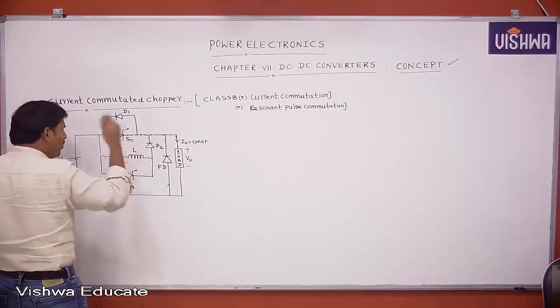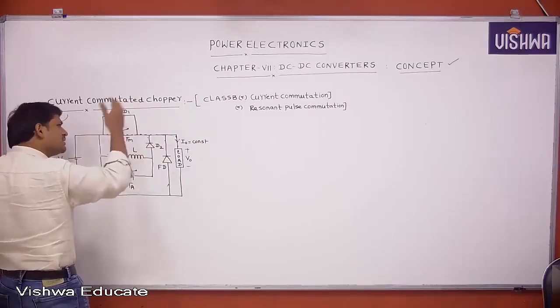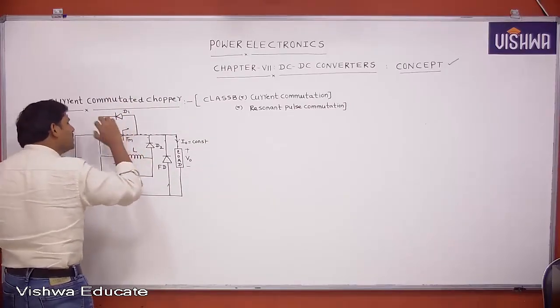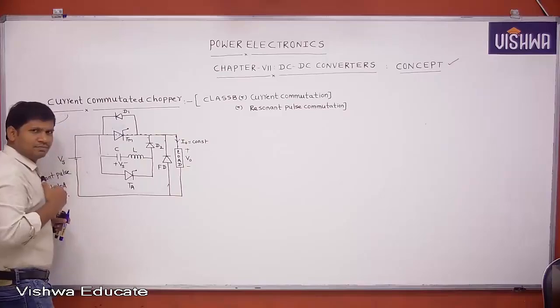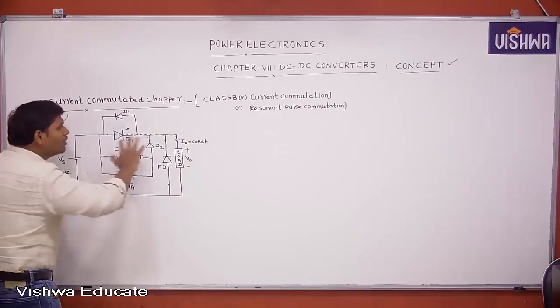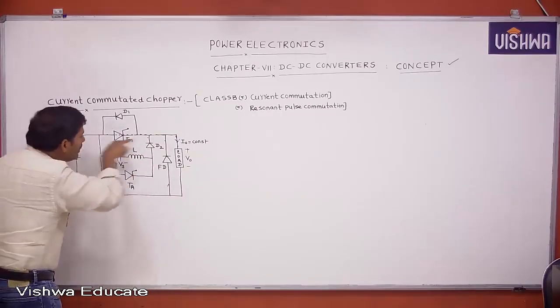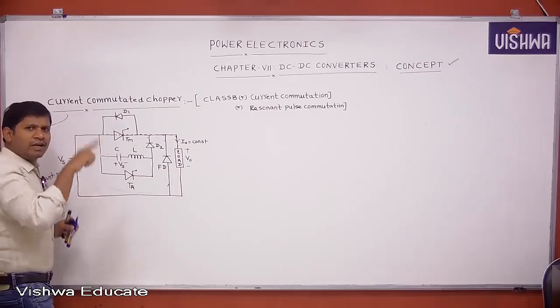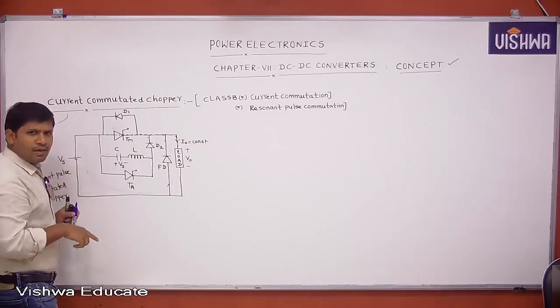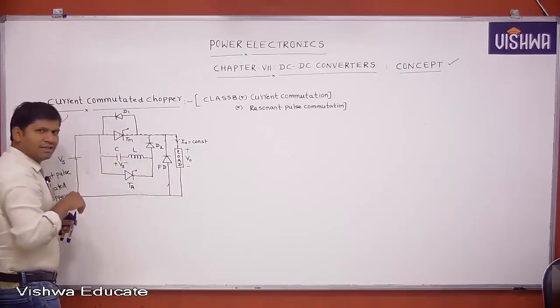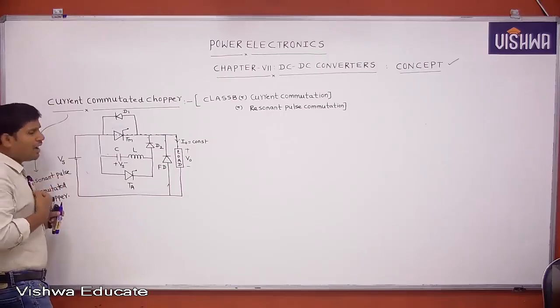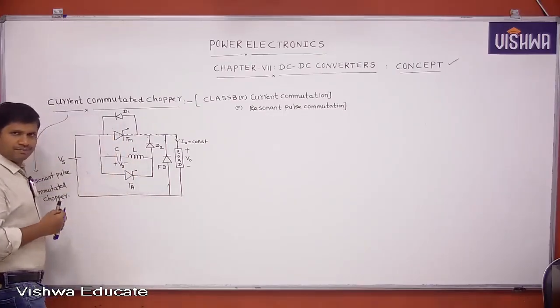Okay. We trigger the main thyristor, which is continuously supplying the current to the load. Then after some time we want to turn off this thyristor, because if you want to control the power, we don't allow continuous conduction of the main thyristor. We can control on and off. Then for that I will trigger the auxiliary thyristor.